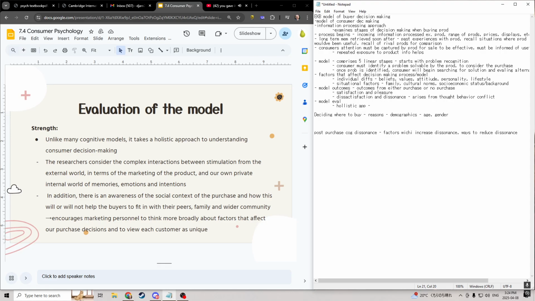The researchers consider complex interactions between stimulation from the external world in terms of the marketing of the product and our own private internal world of memories, emotions, and intentions. In addition, there is an awareness of the social context of the purchase and how this will or will not help the buyers to fit in with their peers, family, and wider community. Encourages marketing personnel to think more broadly about the factors that affect our purchase decisions and to view each customer as unique.